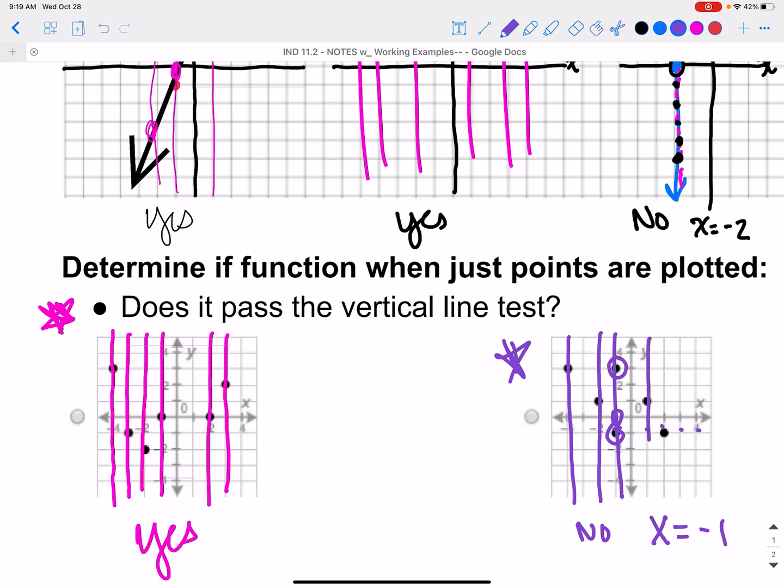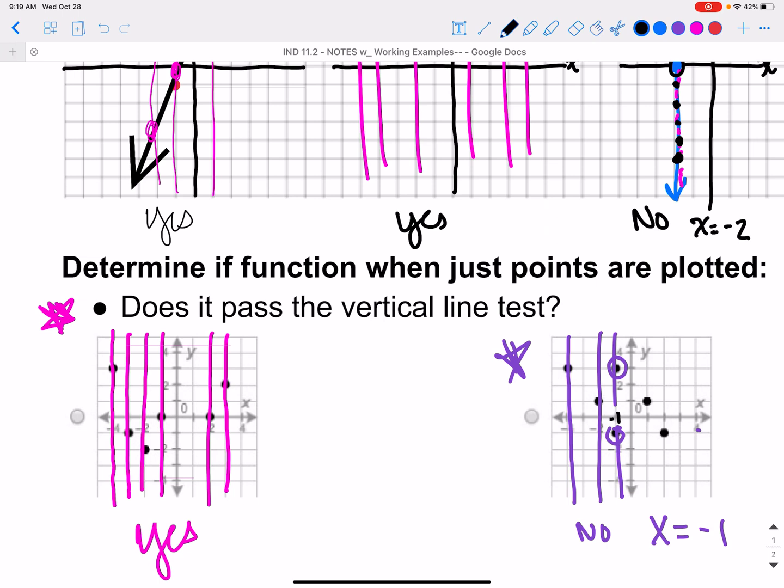Now, if you go the rest of the way, it passes fine, but that doesn't matter because it only takes one fail to make it not a function. And again, if you look at where that vertical line was, that's x equals negative 1.